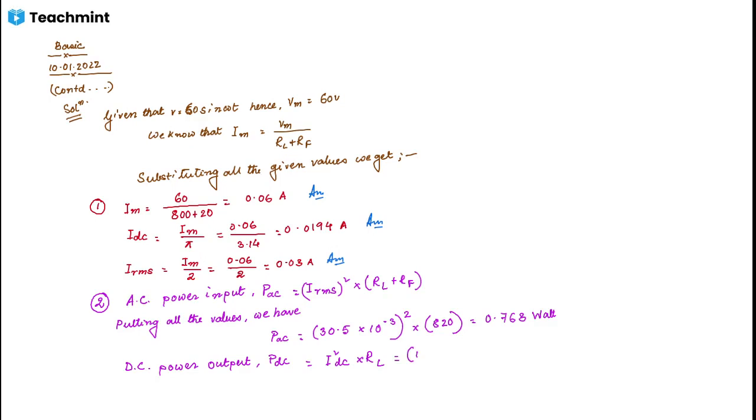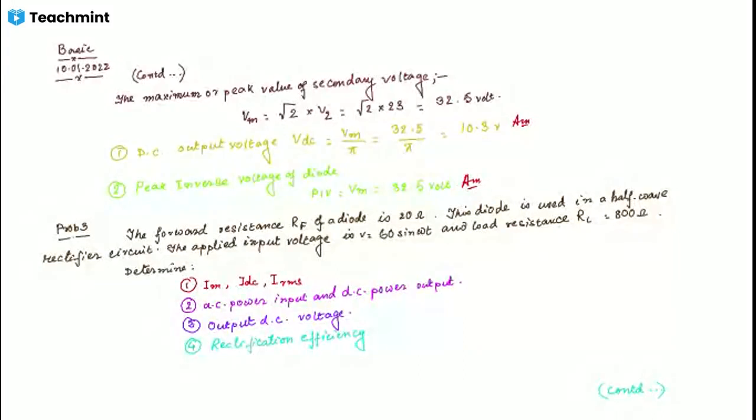It will be 19.4 into 10 to the power minus 3 whole square into 800. That will be 0.301 watt. So these two are the second question answers, AC and DC.